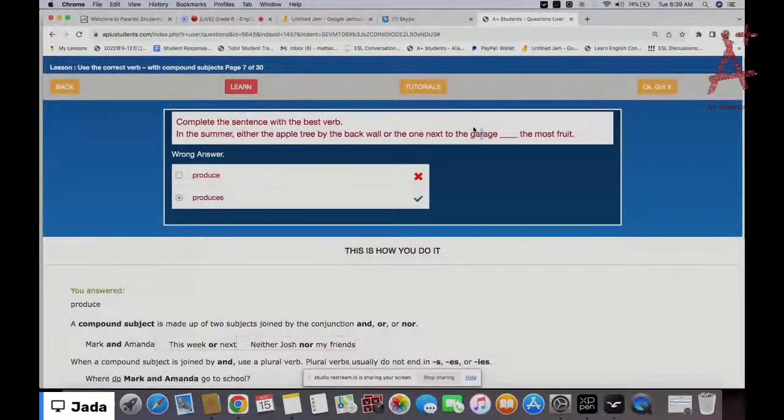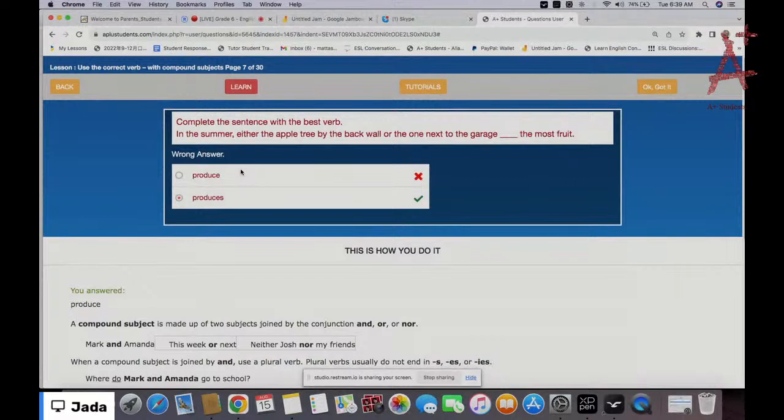The subject closest to the verb was the garage, and garage, without S, is a singular one. So you need a singular verb. If you put produce, it is wrong, because produce only goes with a plural verb. If we had S in garages, that means garages and not just one, then produce would be okay.